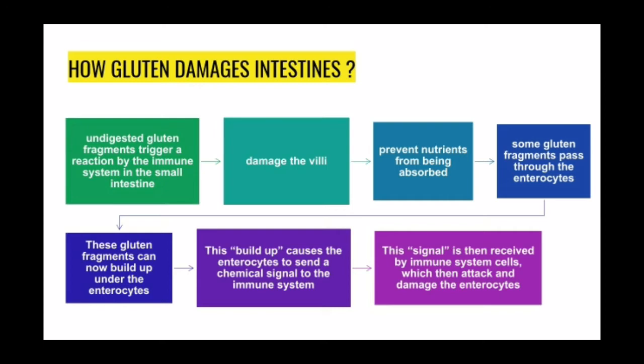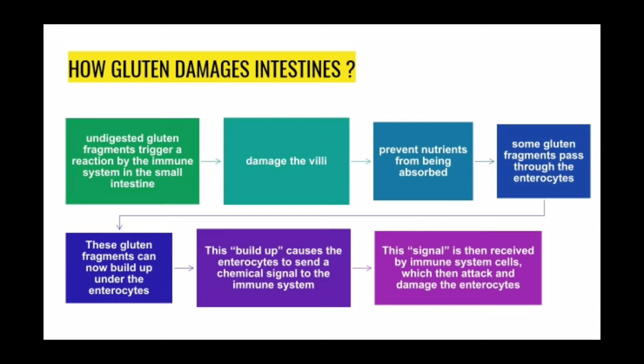If enterocytes get damaged by our own immune system, the absorption of nutrients will slowly decrease. It will slowly damage our small intestine. When small intestine is damaged, digestion will be affected. It will affect the whole digestive system.